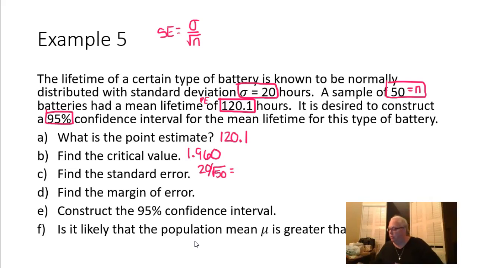Let's see what that gives us. Right, and I am looking at 2.8284.